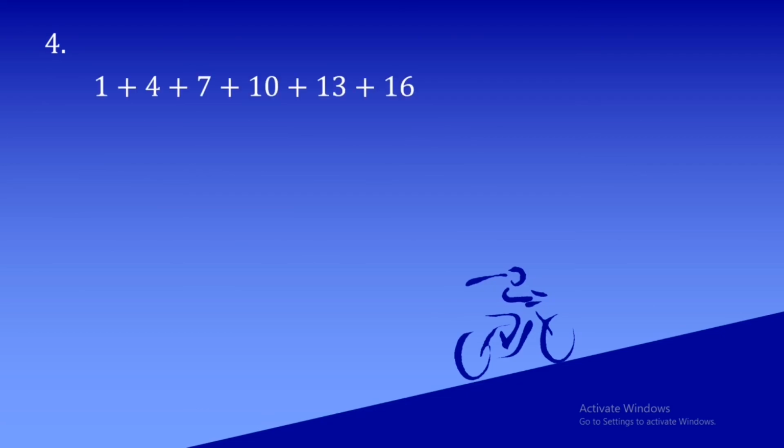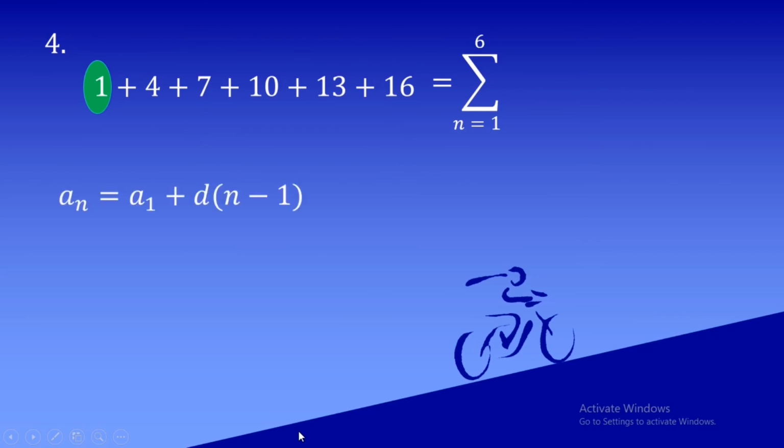For number 4, this could be an example of an arithmetic sequence: 1 plus 4 plus 7 plus 10 plus 13 plus 16, to be written in sigma notation. Our first term is 1. So we can write the index of summation equal to 1 up to the upper bound, which is 6.